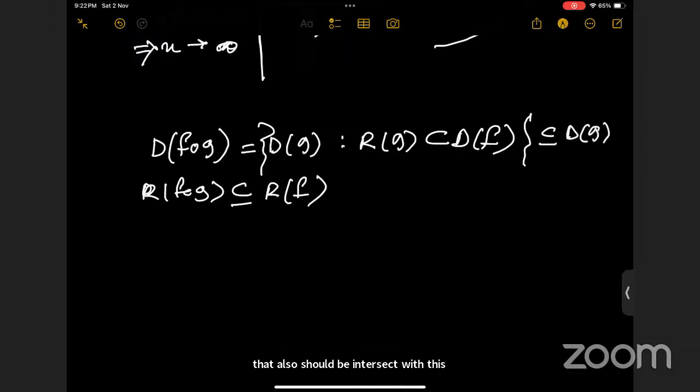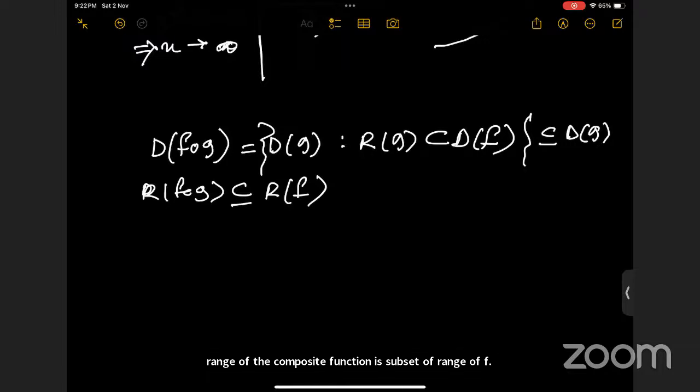So we are basically just putting some condition on the domain of g. We are just restricting the domain of g to find domain of the composite function. So domain of the composite function is subset of domain of g, and range of the composite function is subset of range of f.